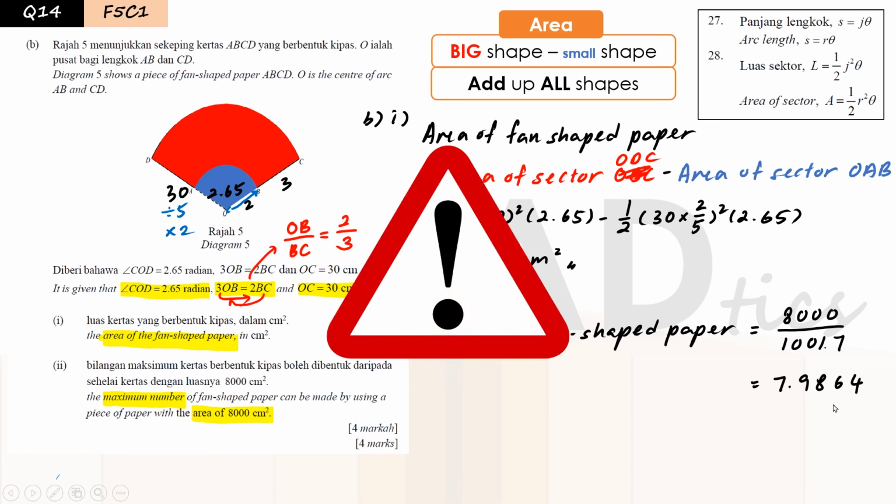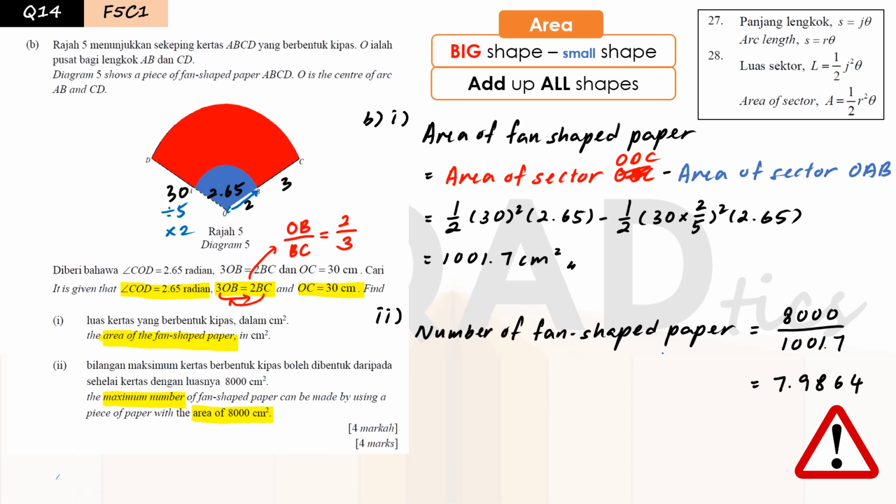Okay, and for this value we cannot round up, meaning the answer cannot be 8. The reason is that if I split the value by the decimal point, there will be 7 fan-shaped papers. But how about the remainder? Here is 0.9864 of a fan-shaped paper, which is not actually one fan-shaped paper.